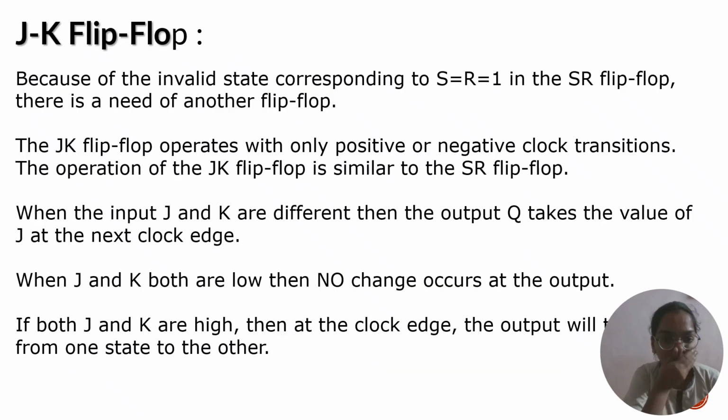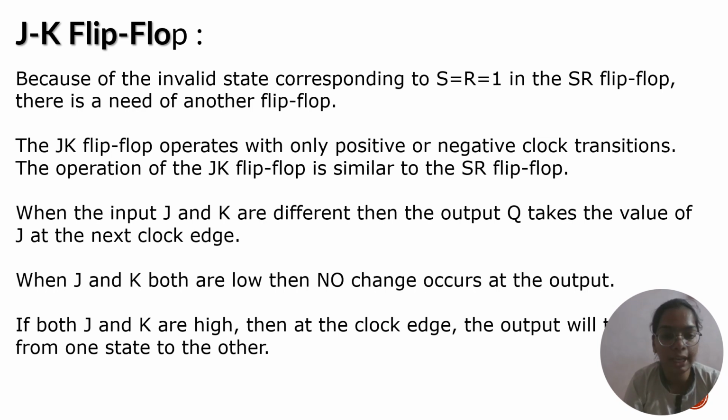The next flip-flop was JK flip-flop. Because of the invalid state corresponding to S equals to R equals to 1 in the SR flip-flop, there is a need of another flip-flop. The JK flip-flop operates with only positive or negative clock transitions. The operation of JK flip-flop is similar to the SR flip-flop.